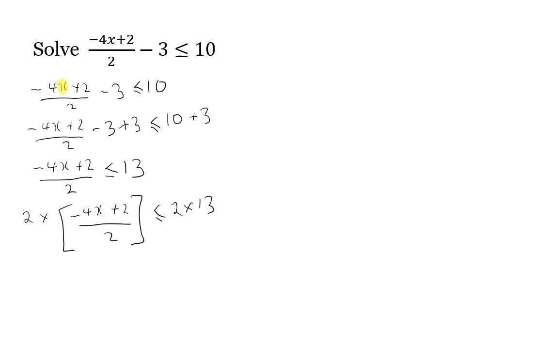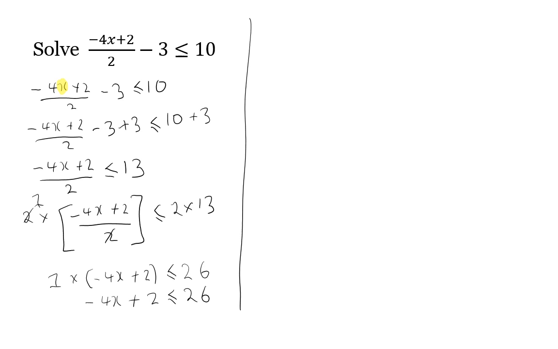So in this side, 2 will go into 2 just once. So we'll just have 1 times the bracket (-4x + 2) less than or equal to 2 times 13. This will give us 26. And since we are multiplying by 1, this is just -4x + 2 is less than or equal to 26.